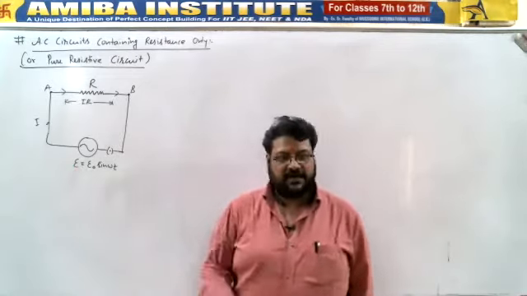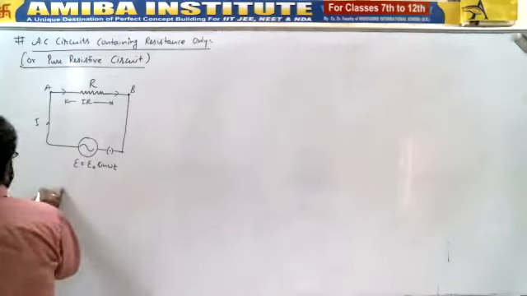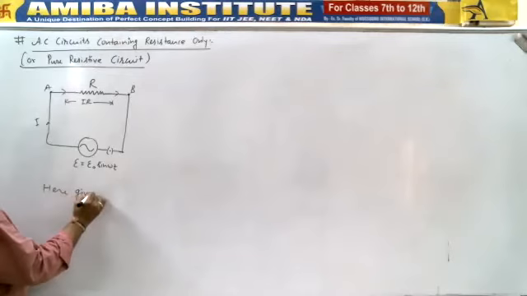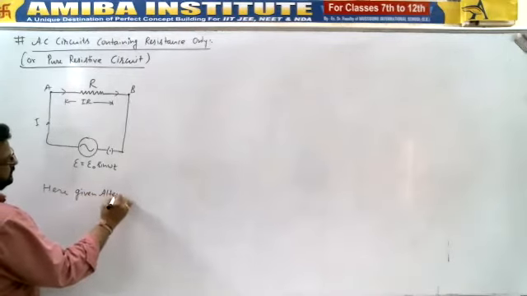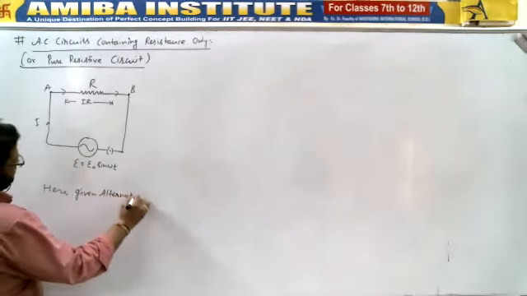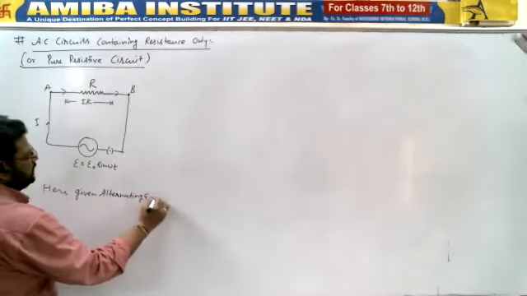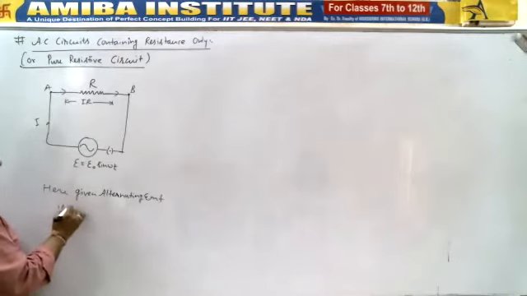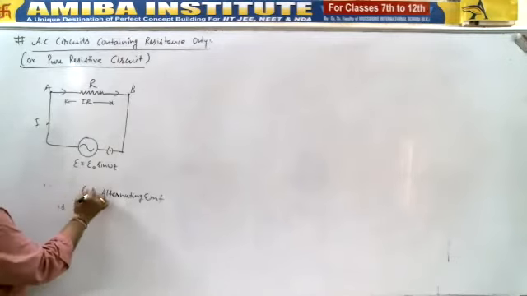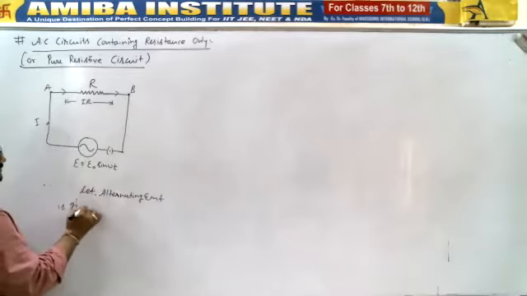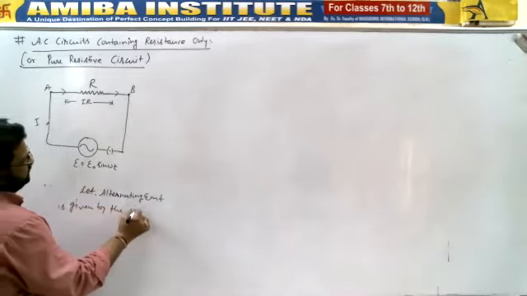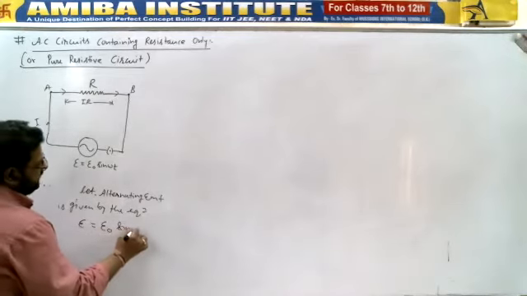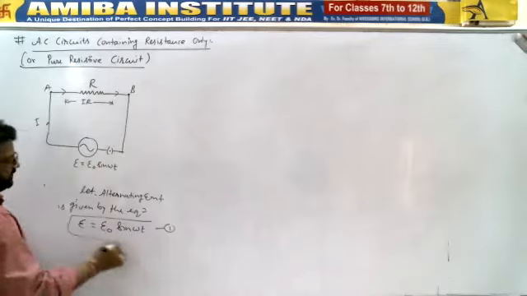E. So can we write here, let the alternating EMF be given by the equation E is equal to E naught sine omega t, equation number 1.